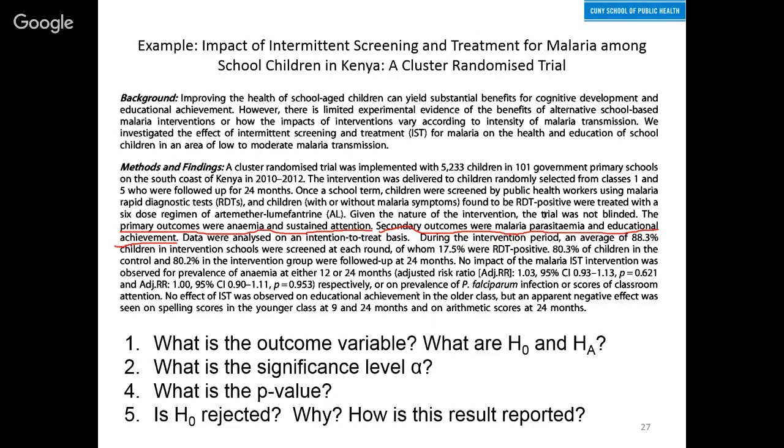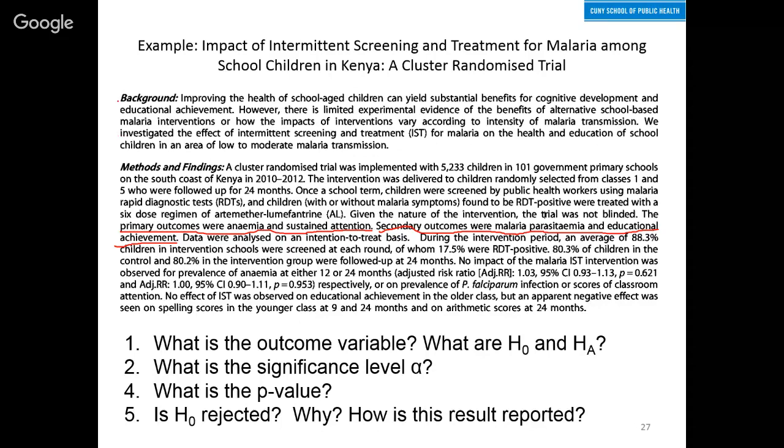Then there's this other one, scores of classroom attention. That one's probably continuous, and we're talking about means. So we've got both kinds of tests in here. Let's see, what is the significance level alpha?